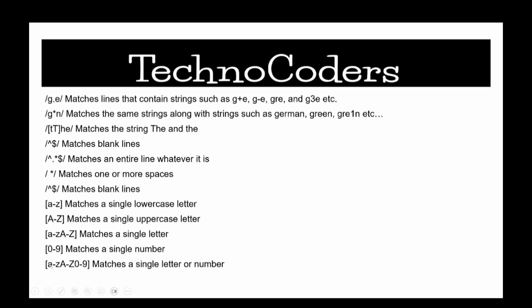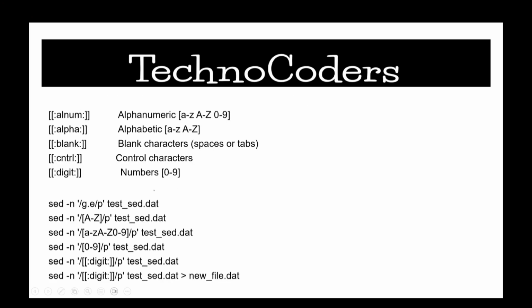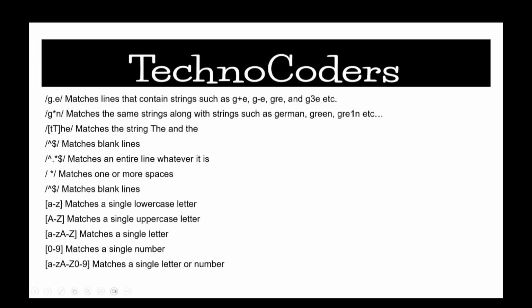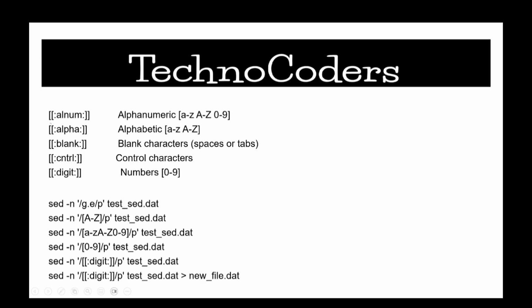And if I give A to Z, capital A to Z or 0 to 9, it means any letters or any numbers, so it will return alphanumeric characters. The same thing I'm doing here, I can do with these operators also. These are available in the latest Unix versions, but they do the same thing.